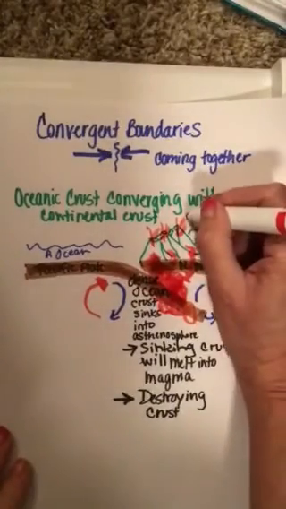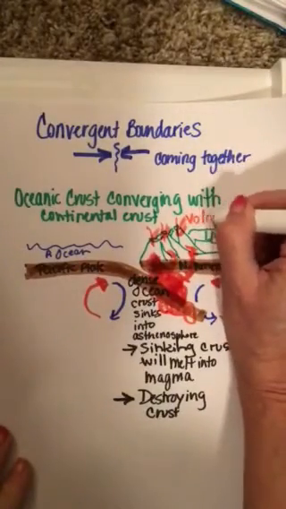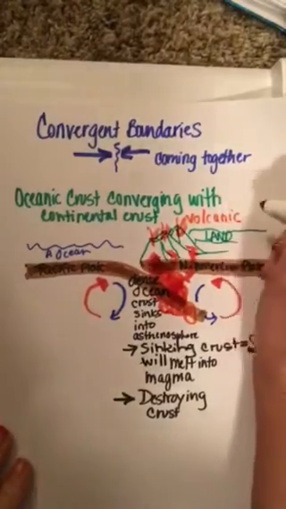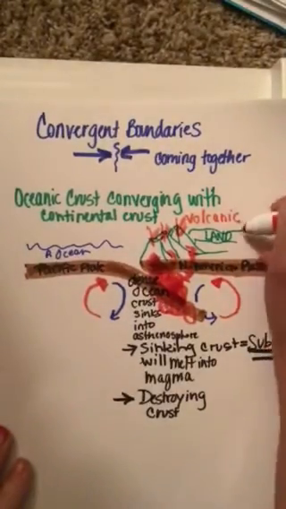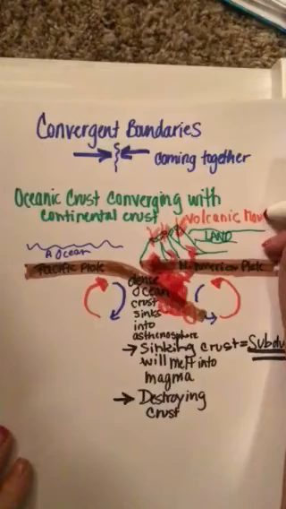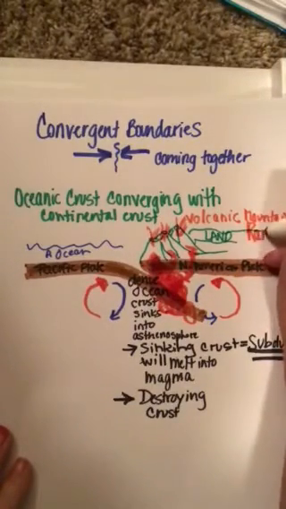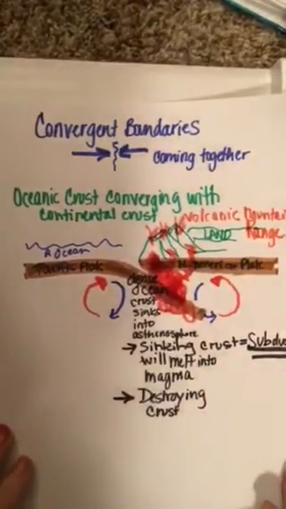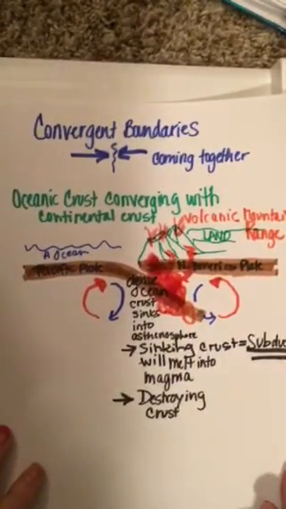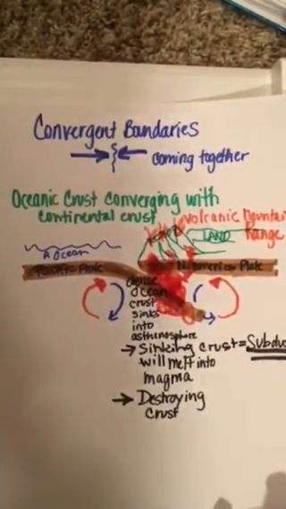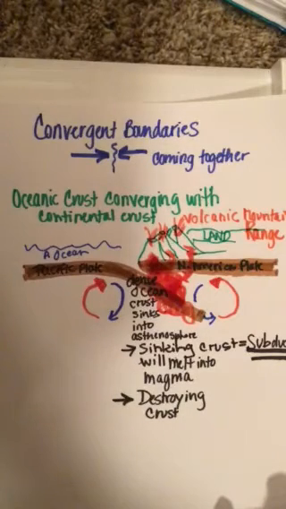So we're also going to just say this is a volcanic mountain range. Some people just say mountain ranges. This is a specific one because it's volcanic in nature. And if you look along the west coast of the United States, we have Mount Shasta, Mount Rainier, Mount St. Helens.